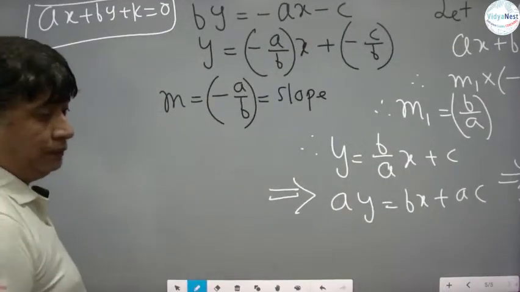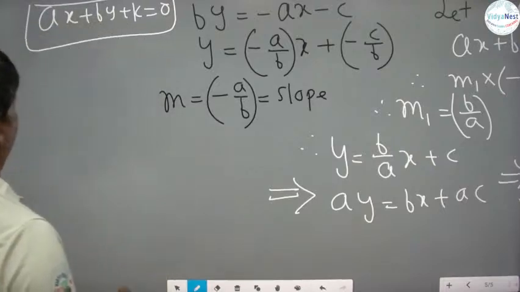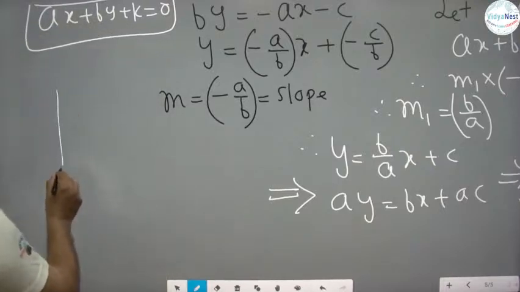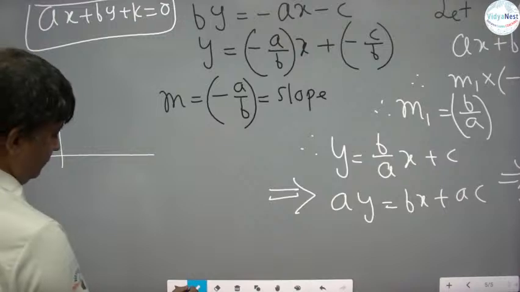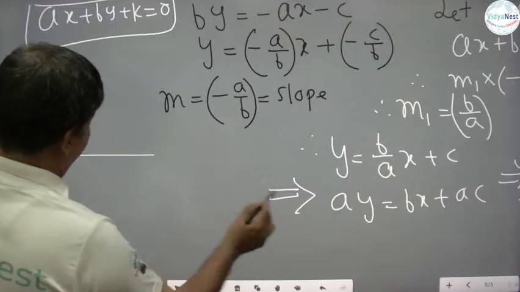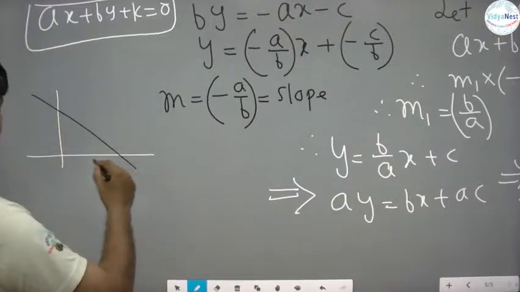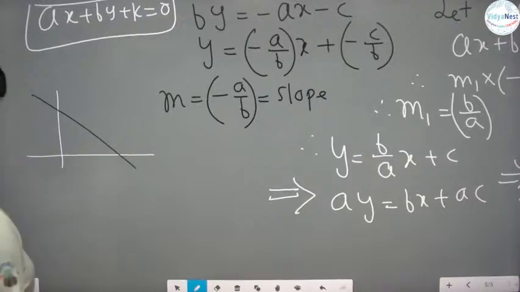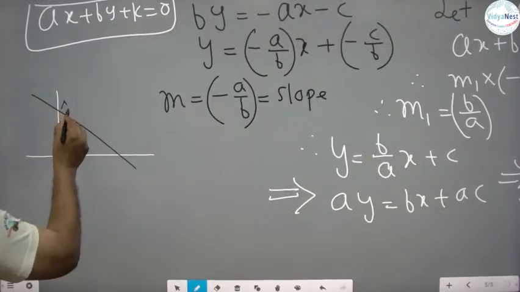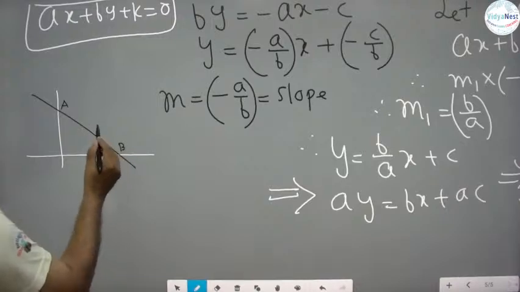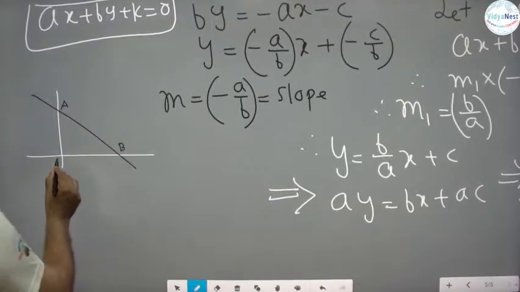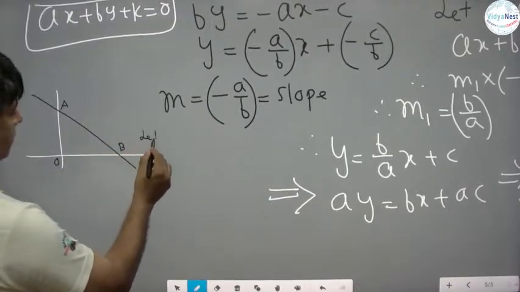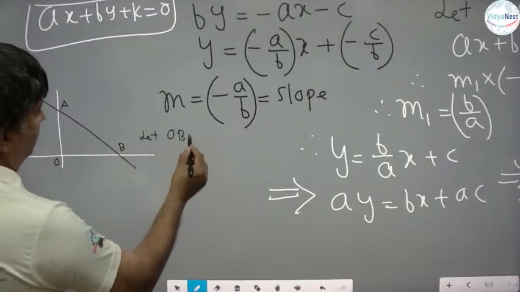You see, this is the coordinate axis and a line intersects both the axes. Say this is A, this is B. Let the magnitude of OB be equal to b and the magnitude of OA be equal to a.